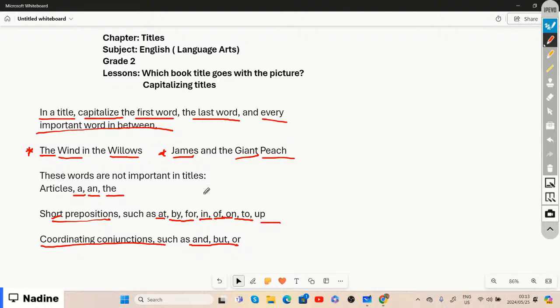So we said that within a title, we capitalize the first word, the last word, and every other important word in between.